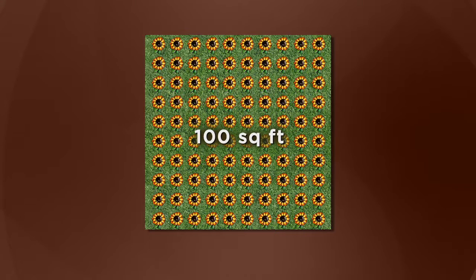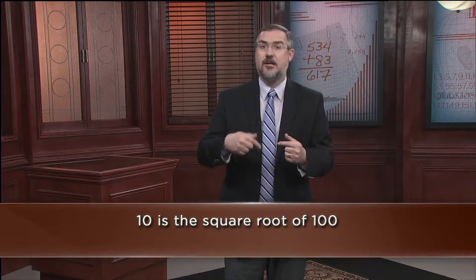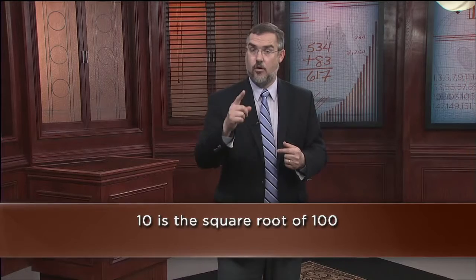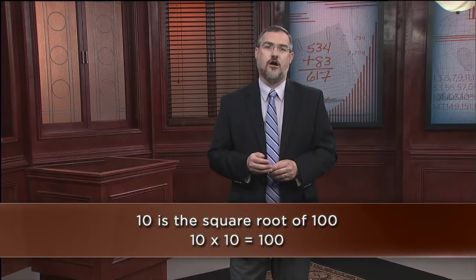Well, if you take the square root of 100, then you'll see that each side of your square patch should be 10 feet long, and of course 10 feet wide because it's a square. And I know that it's 10 feet long and 10 feet wide because 10 is the square root of 100, or said another way, 10 times 10 equals 100.